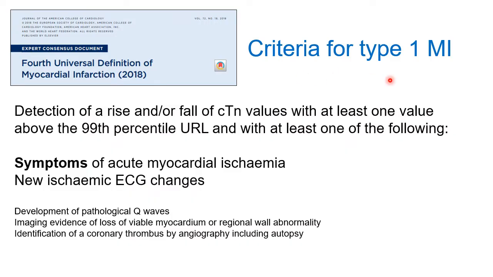So the criteria for type 1 myocardial infarction include detection of a rise and or fall of cardiac troponin with at least one value above the 99th percentile and at least one of the following. Primarily symptoms of acute myocardial ischemia, new ECG changes, and or development of pathological Q waves on ECG, imaging evidence of loss of viable myocardium, identification of thrombus by angiography or autopsy.